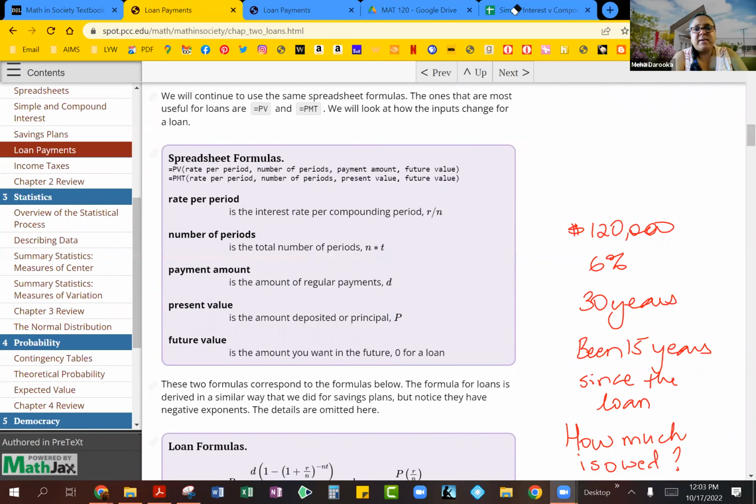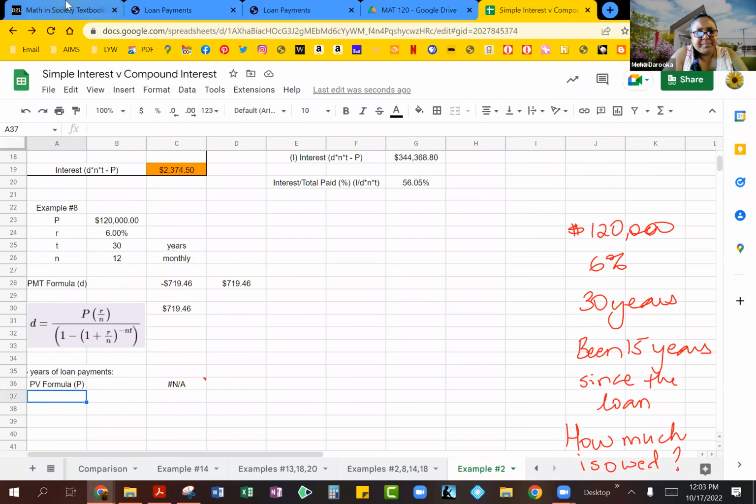So let's go back here. Start out with your R divided by N, so the 6% divided by N. Obviously, we're still making monthly payments. Now you are going to be doing the N times T in this case.